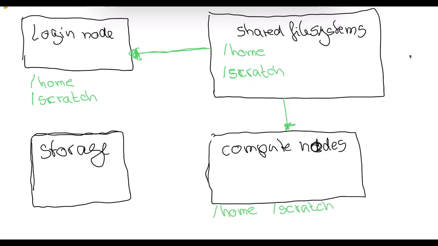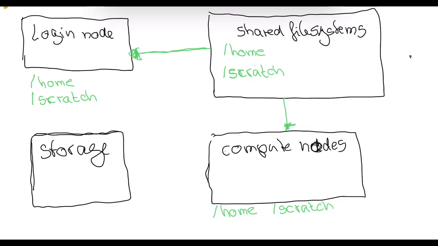And if it's a high performance file system with very fast read and write access that you can use for your calculations, then you might not be allowed to leave data there for a long time. So again, different HPC centers differ very significantly in how they provide this type of space to their users. And in a lot of cases there are different possibilities, so it's worthwhile investigating what's available.